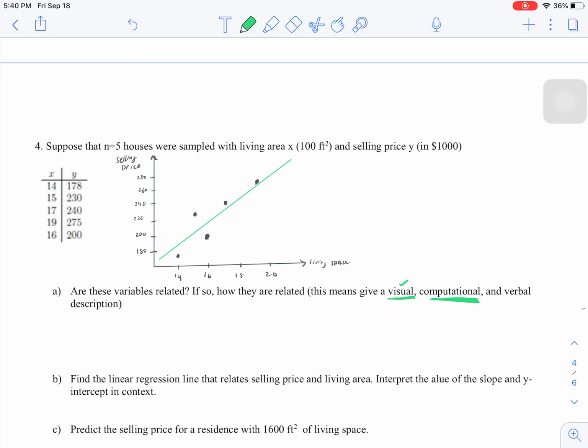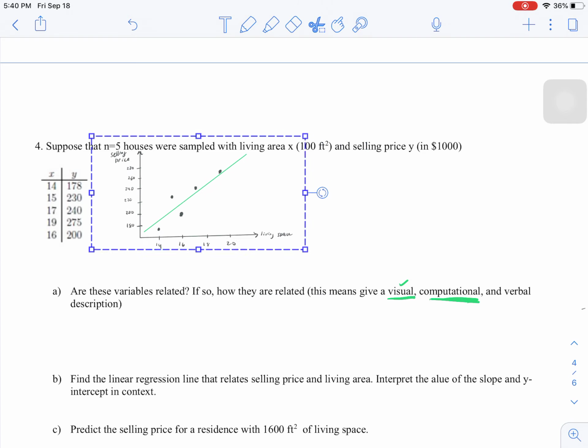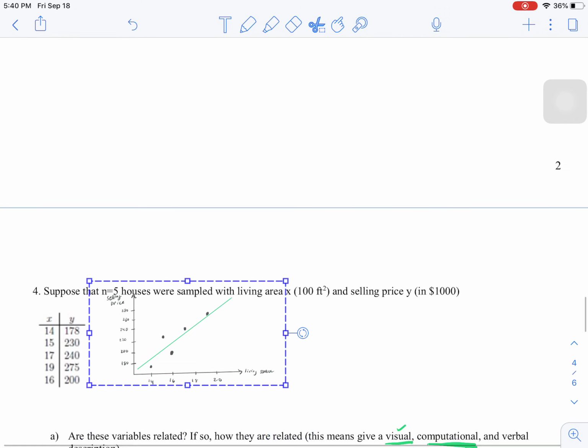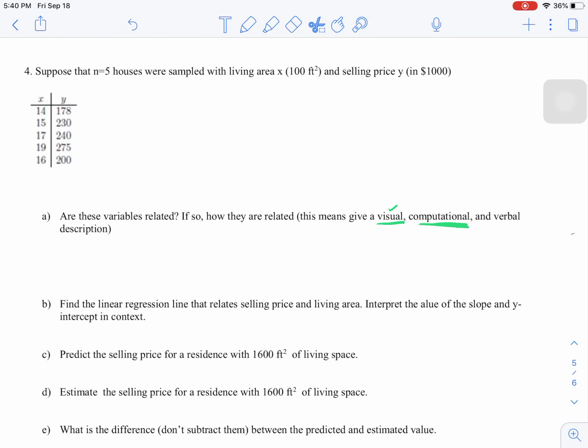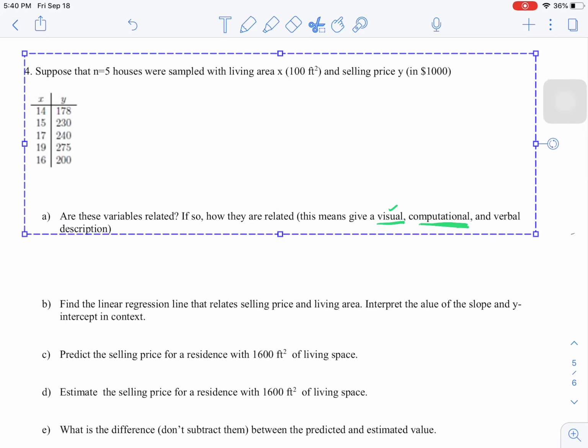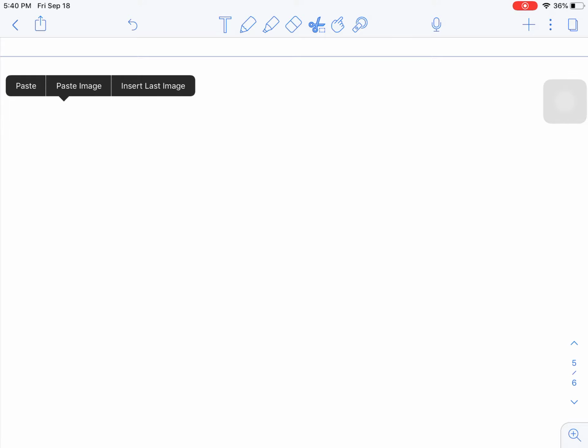Next, we can do our computational method, which is just calculating the correlation coefficient. So let's give ourselves some more space to do that. I'll move down here.